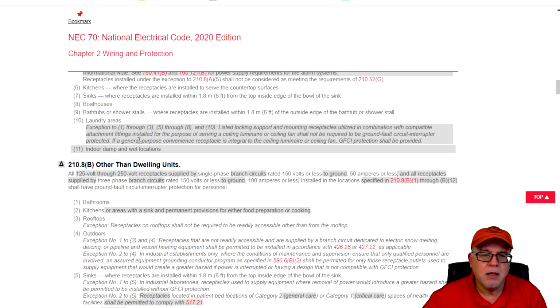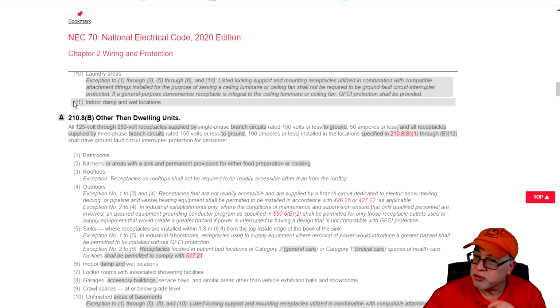Okay. Now, last but not least, item 11, which is new for the 2020, and that is indoor damp and wet locations. Okay, so we had indoor wet locations, but we really didn't have indoor damp locations. So we want to cover indoor damp and wet locations. Now, what could this be?